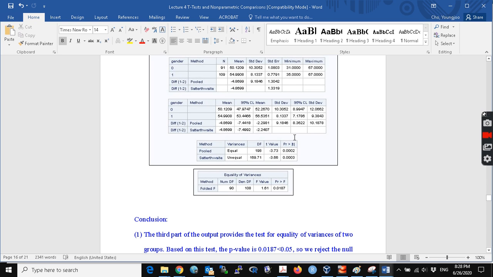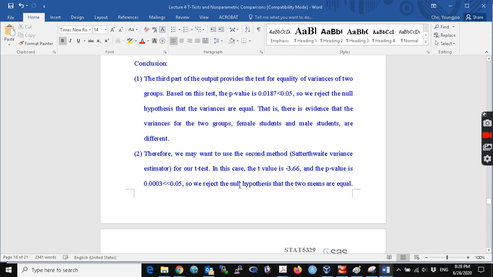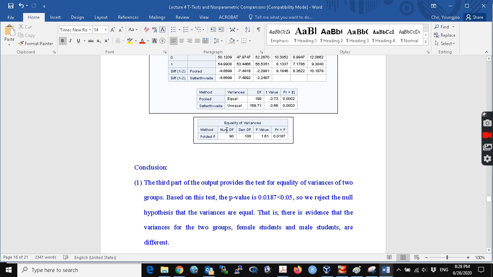Before looking at the third part, we have to look at the fourth one. For the equality of variances, we use the F-test. The F-test has two degrees of freedom. The equality of variances test uses the ratio of the two sample variances.